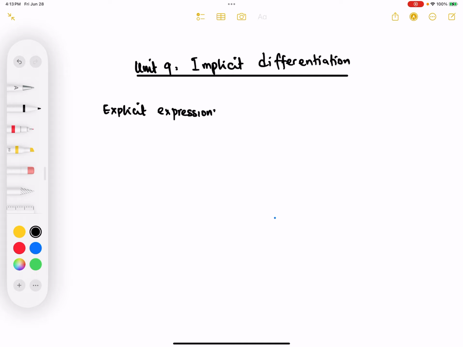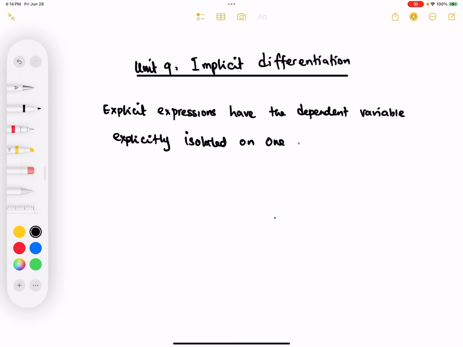Explicit expressions have the dependent variable explicitly isolated on one side of the equation. You are familiar with this one, right?